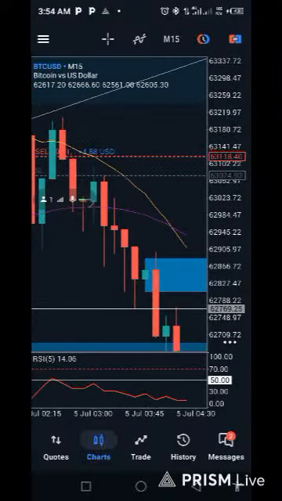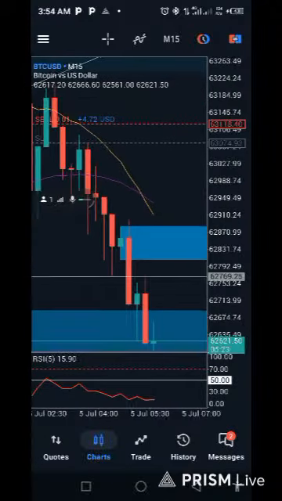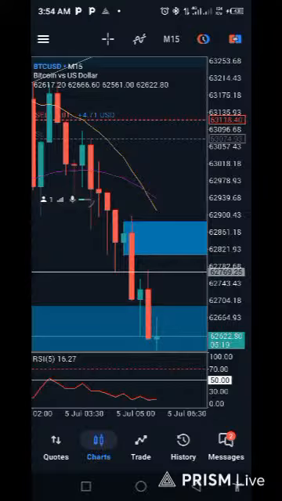You can see the moving averages 50 and 20 have crossed each other on the 15 minutes time frame. It's a big sign of reversal downwards. You can see where it's facing downwards.